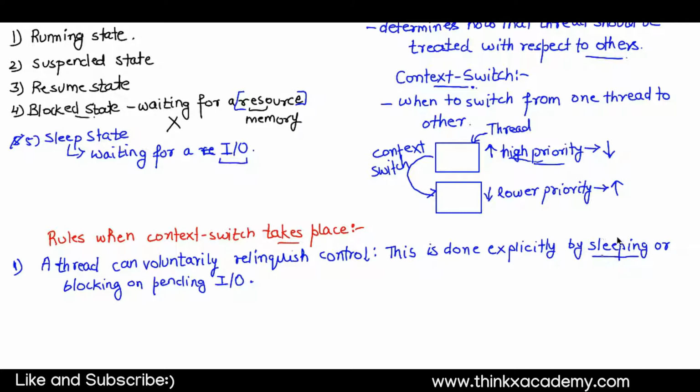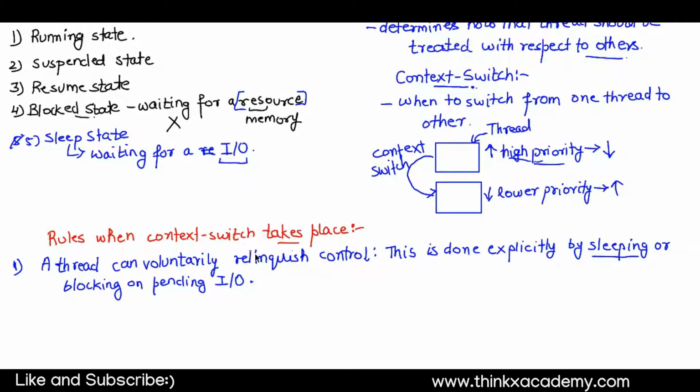We will assign the sleep state to it, and when it is sleeping, it has control over it and can voluntarily relinquish control. Relinquish means deny control. So it can say, okay, now I'm waiting for the input output, so I am sleeping right now.